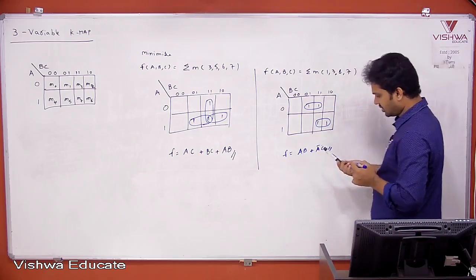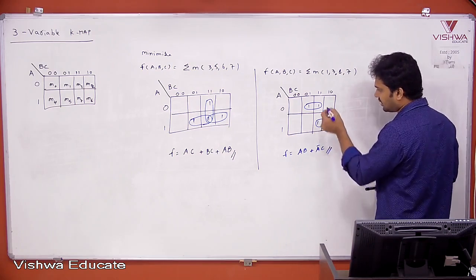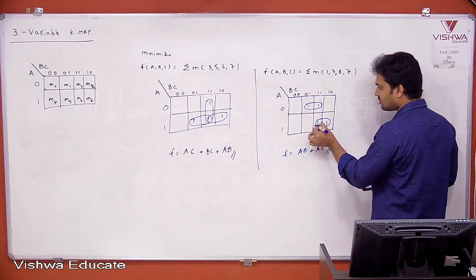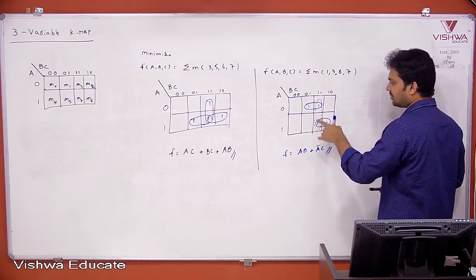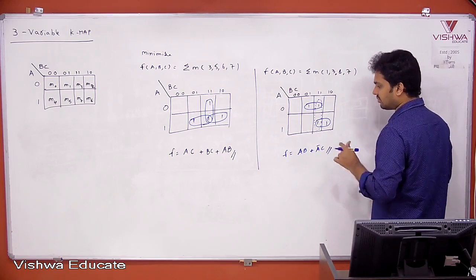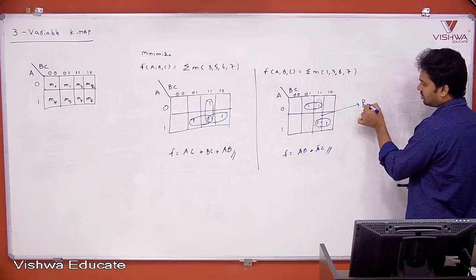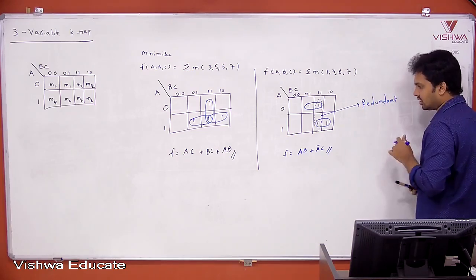But if you find one more possibility, there is a possibility of forming a pair like this. You may have the doubt, sir, can I take that pair? Why you have not considered that pair? See, this is what we call as redundant. Now you can understand the definition of the redundant.